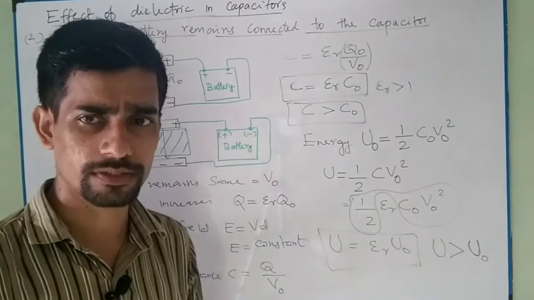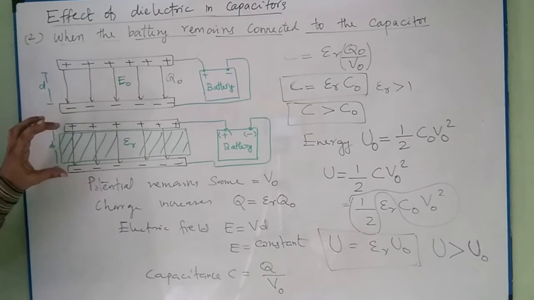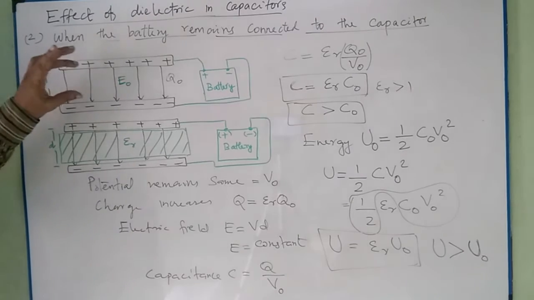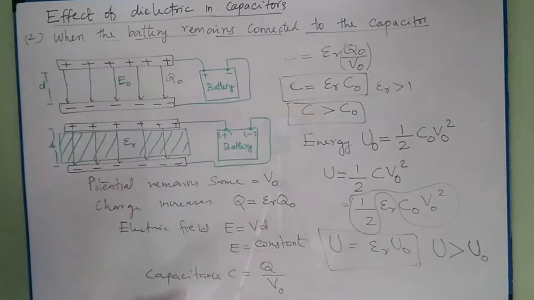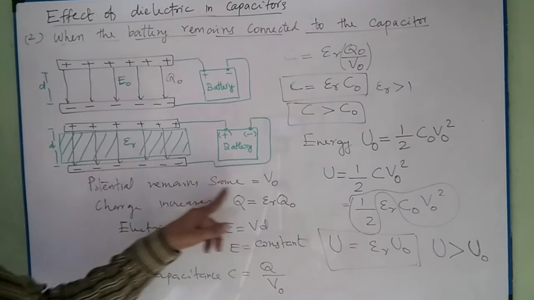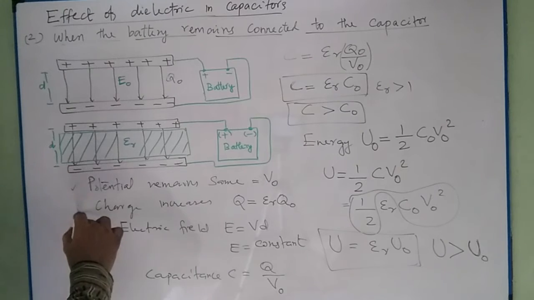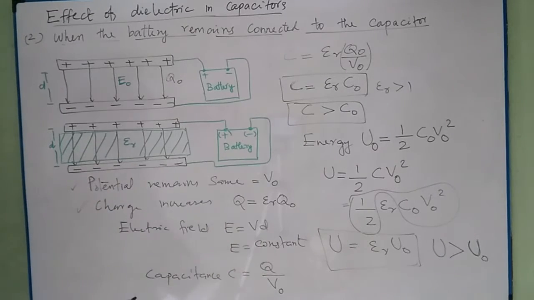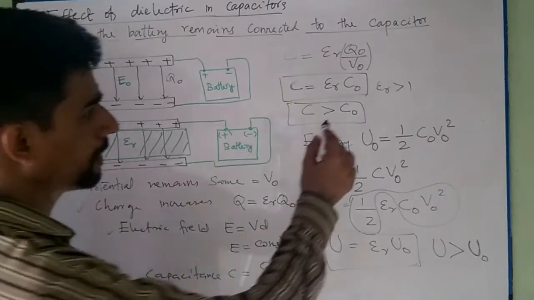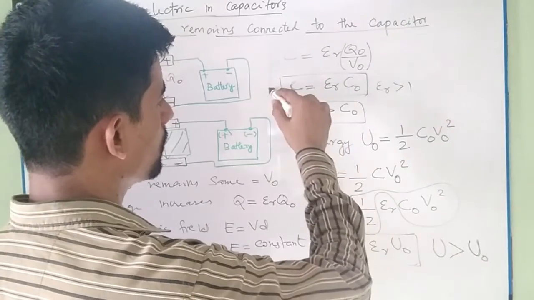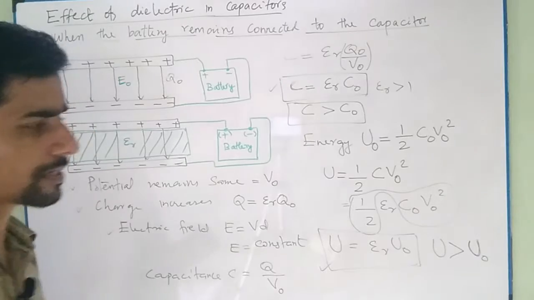So we can conclude that when the dielectric is introduced between the two parallel plates with the battery connected, the potential remains the same, the charge increases epsilon R times, the electric field remains constant, the capacitance increases epsilon R times, and the energy also increases epsilon R times.